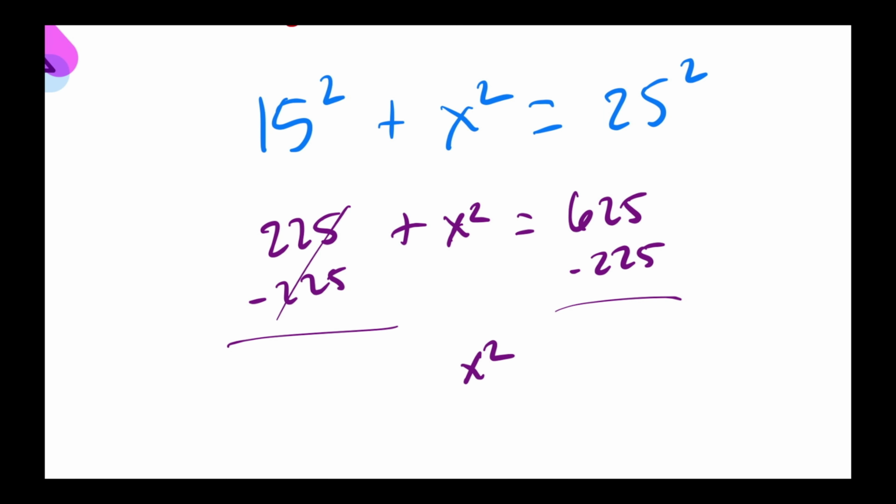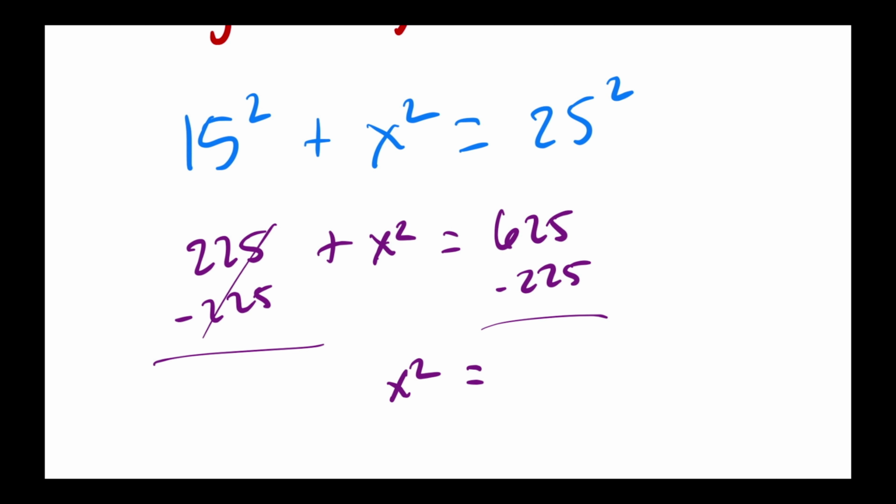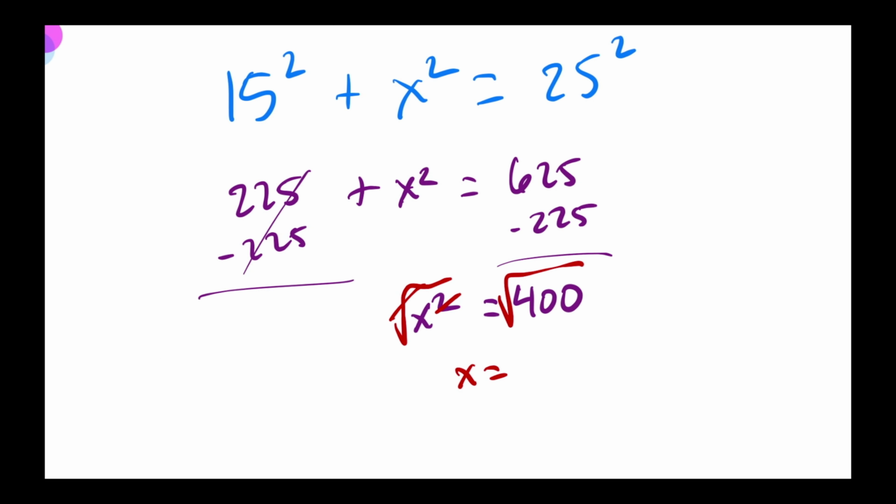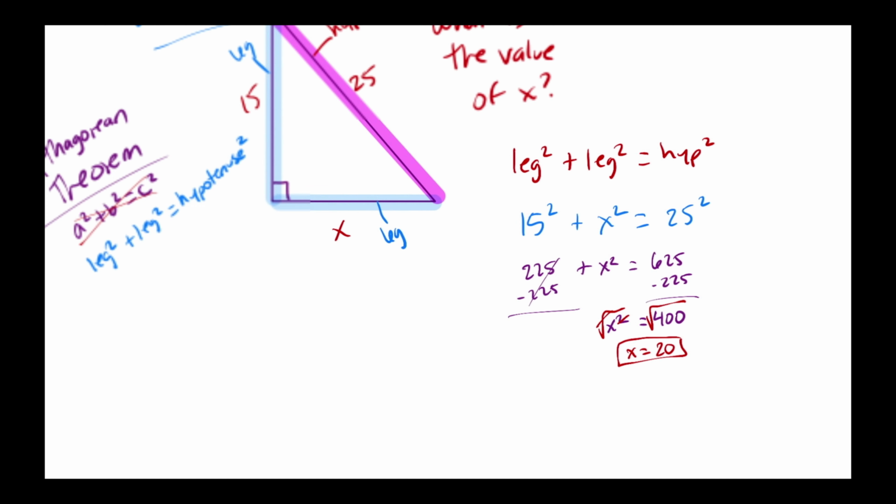And we get x squared equals 625 minus 225, which is 400. Then again, how do I get rid of a squared? What's the opposite of squaring a number? Good job, square rooting a number. So I square root both sides. So x equals the square root of 400, which is 20. So this side is 20.